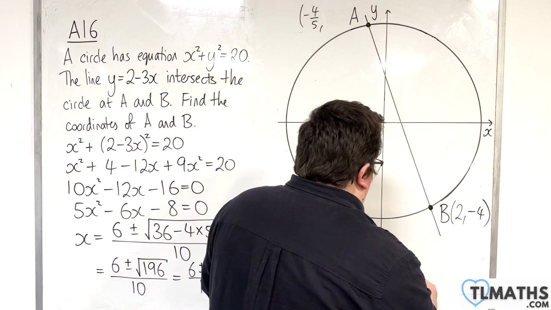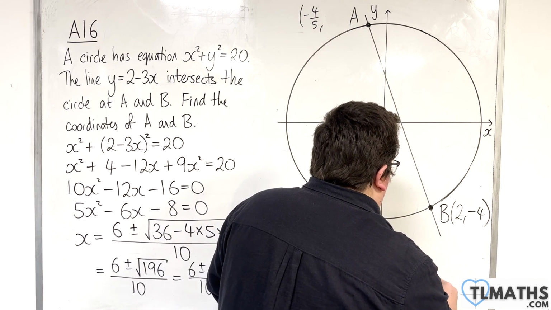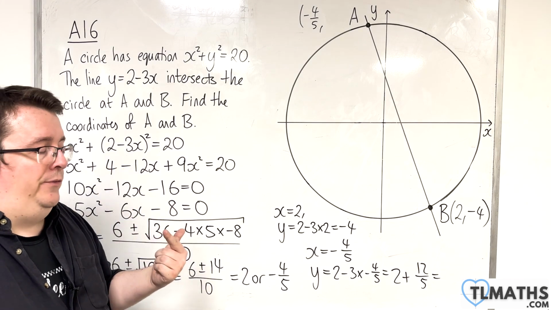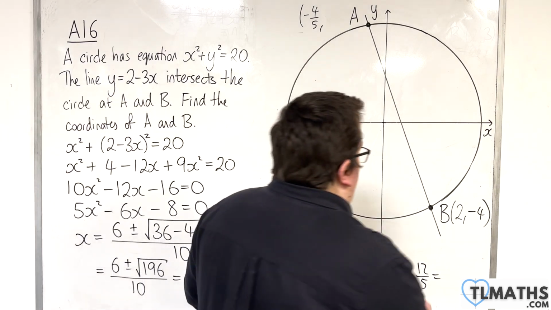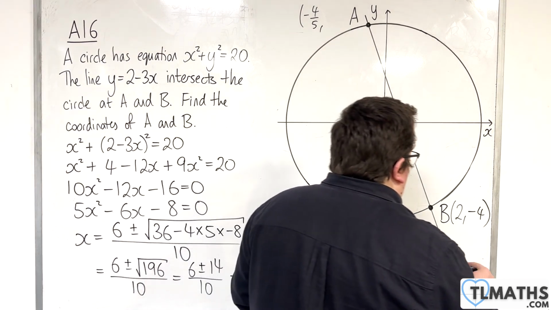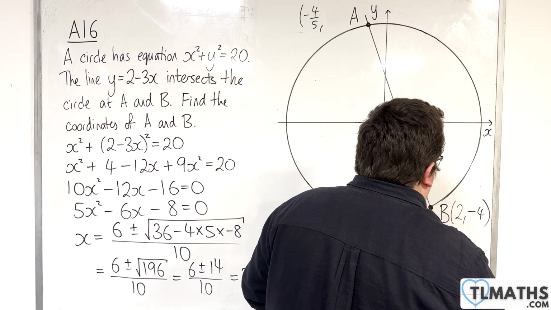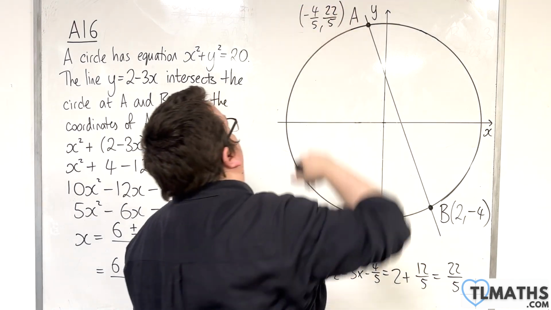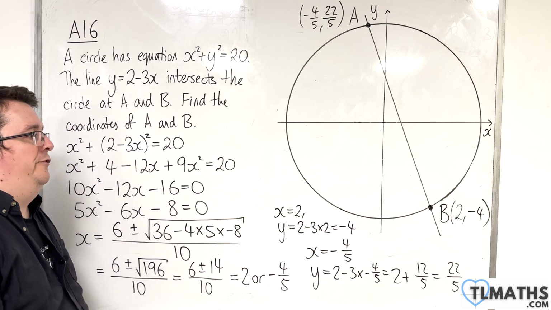So this is 2 plus 12/5. Now 2 in fifths is 10/5, so 10/5 plus 12/5 is 22/5. And so that is the y coordinate for point A.